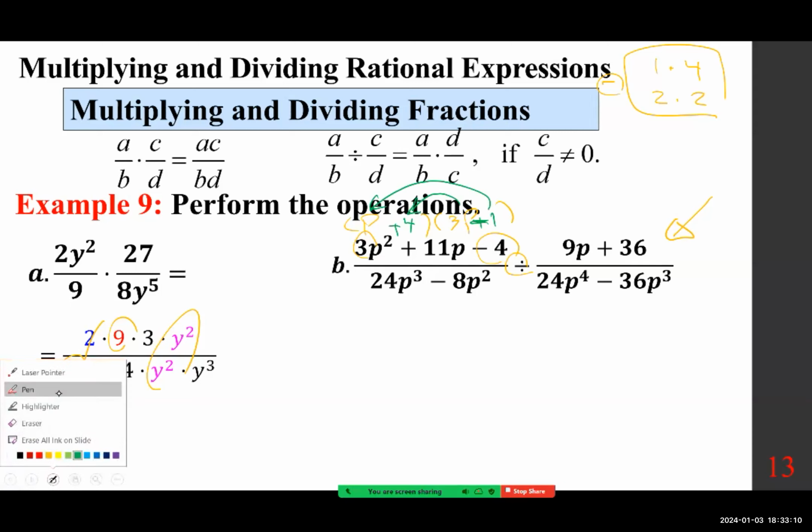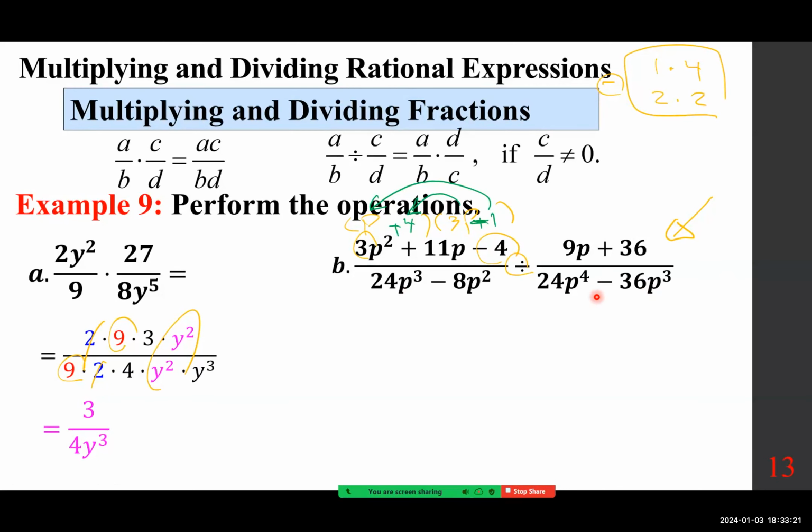All right. This one, 8p squared comes out. 12p cubed comes out as 12p cubed times 2p minus 3. This one, 9 comes out.